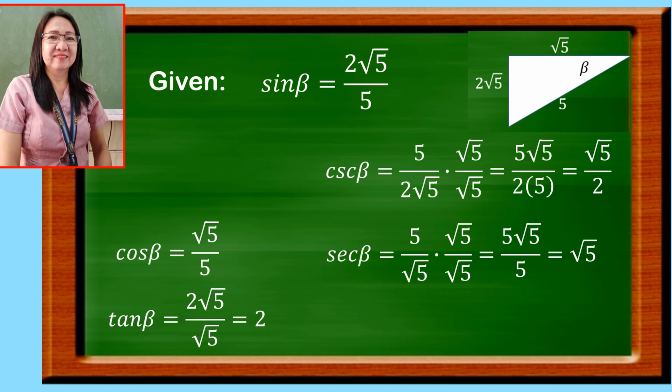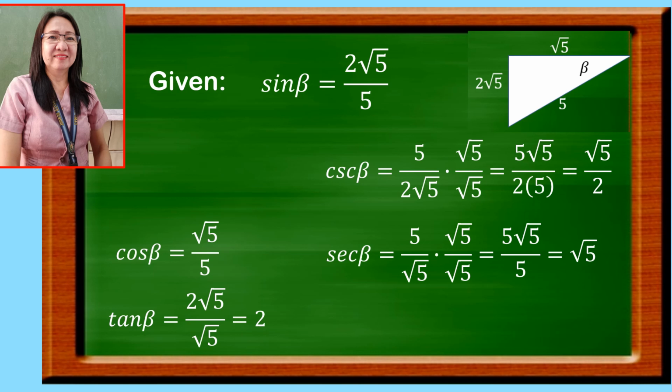Then for the secant beta, which is the reciprocal of cosine beta, we have 5 over the square root of 5. Multiplying this by square root of 5 over square root of 5 will give us 5 square root of 5 over the square root of 25 or 5. Then we can cancel out 5 over 5.